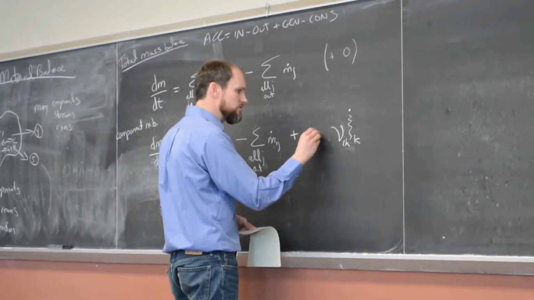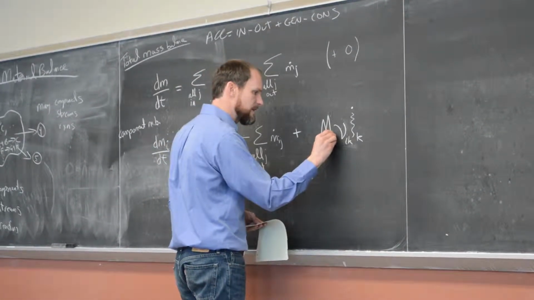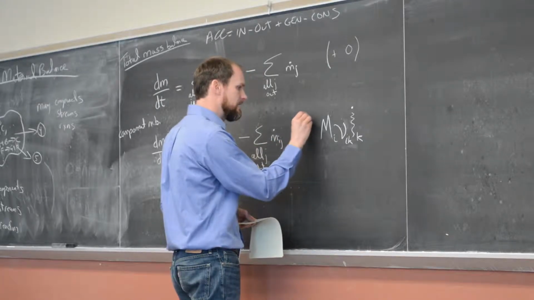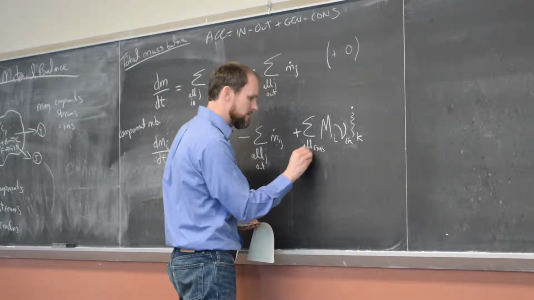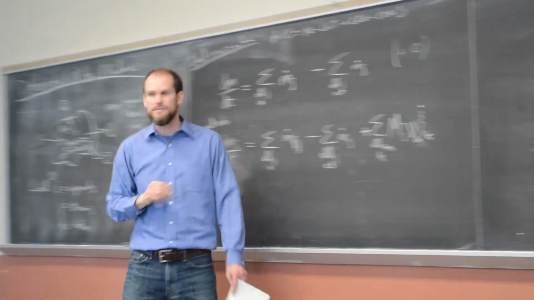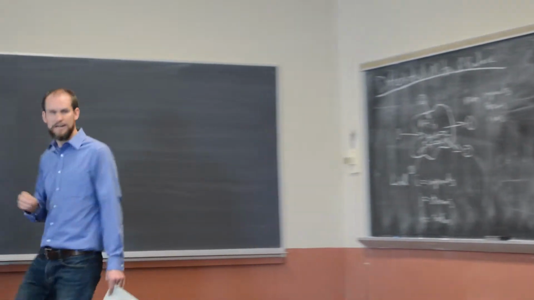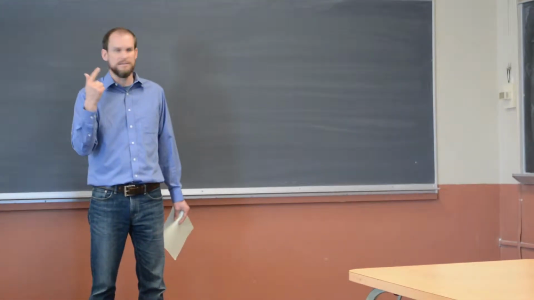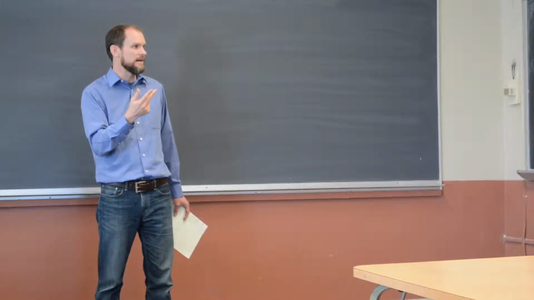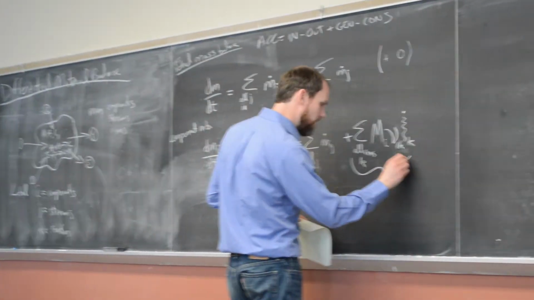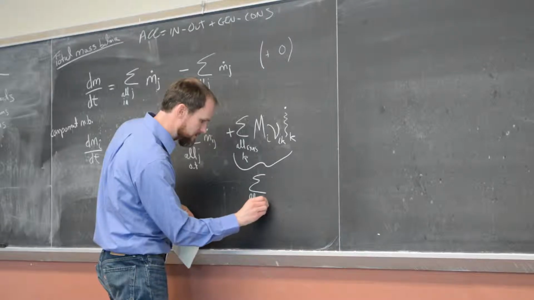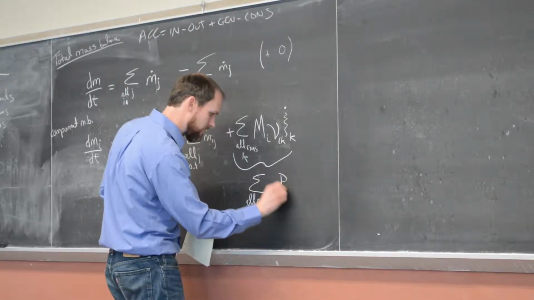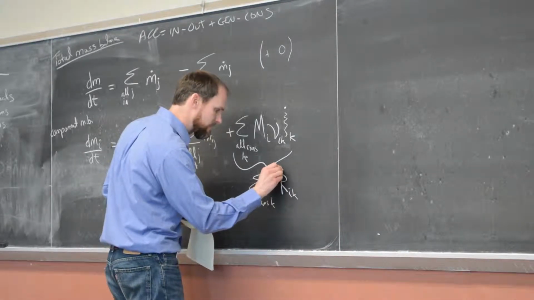Then that's going to be in moles, and I need to get it to mass. So I have a molecular mass, component I, and then I'm going to sum this over all reactions k. So I have a term for each reaction that looks like a molecular mass, stoichiometric coefficient, and the extent of reaction. I'm also going to call this sum over all reactions k of R dot ik.